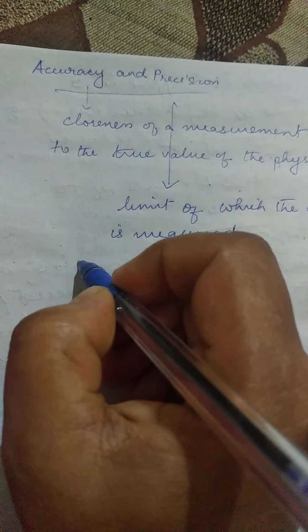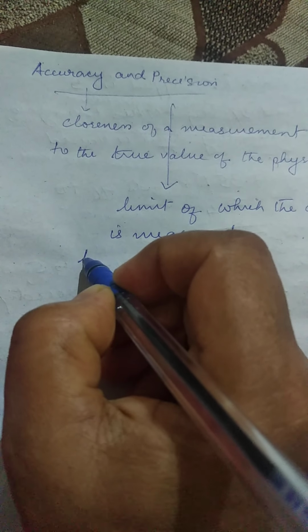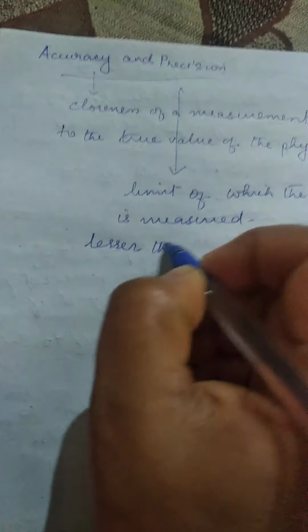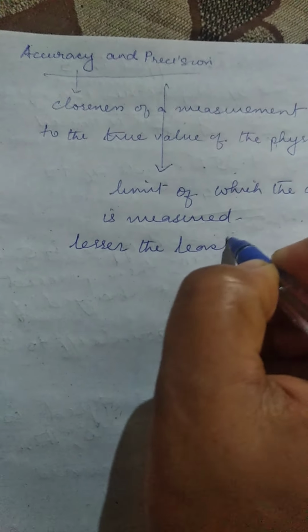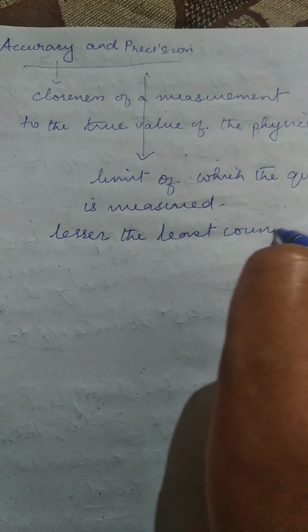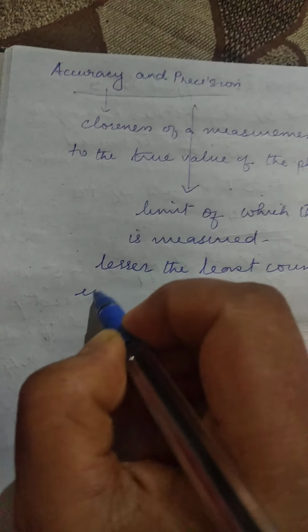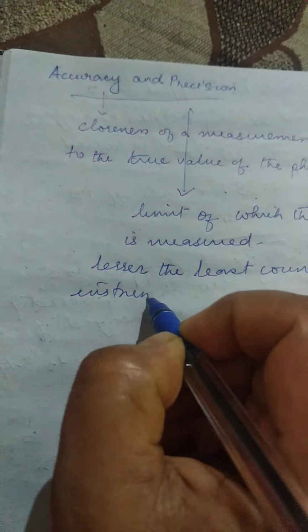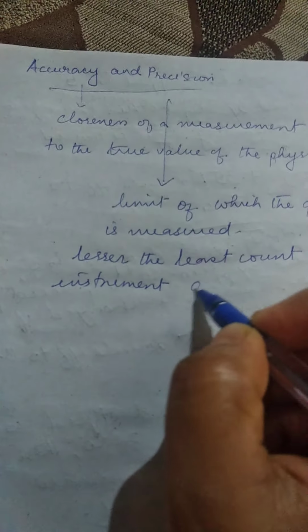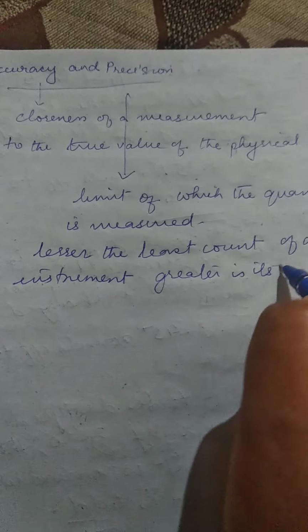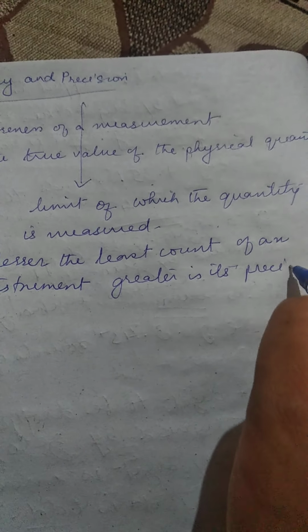The lesser the least count of an instrument, the greater will be its precision. These are the two definitions of accuracy and precision.